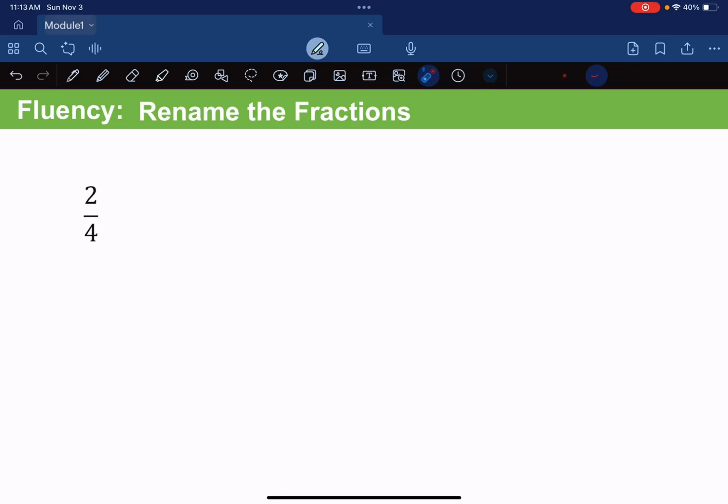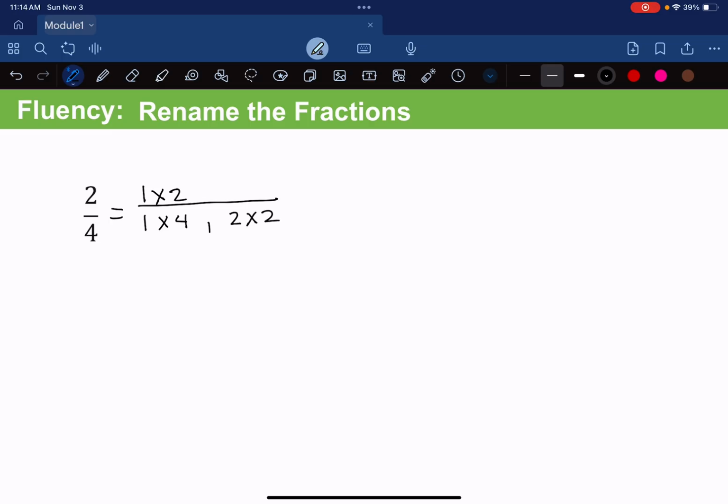Next slide, it says that we are going to rename the fraction. We are going to simplify it. The way I like to simplify is I like to take these and find my factors. I can do 1 times 2 to equal 2. I can't do anything else, so I'll move to my denominator, which is 4. I can do 1 times 4. I can do 2 times 2.